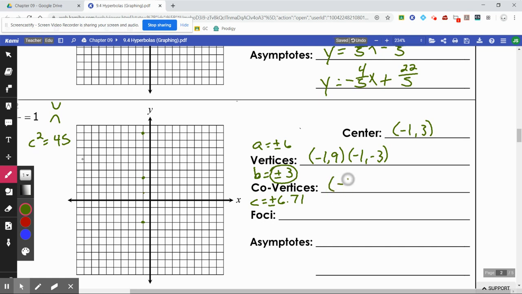So we're going to go left 3, and we're going to go right 3. So that's going to be negative 4, 3, and 2, 3. So there's your box found by doing your vertices and your co-vertices. Now let's draw the box through our co-vertices, and then draw the two lines through our vertices here.